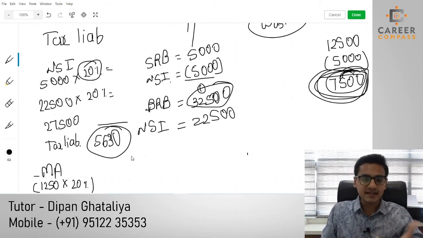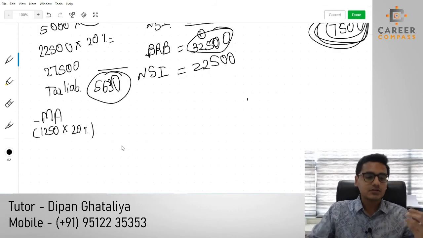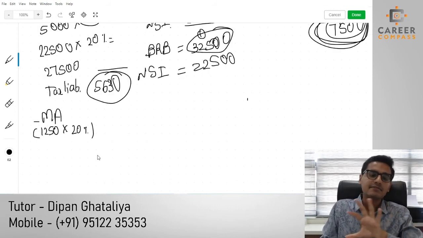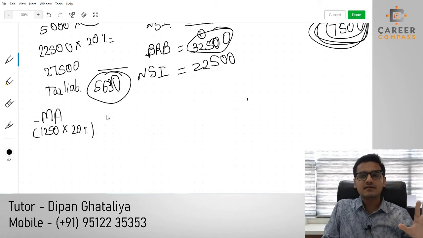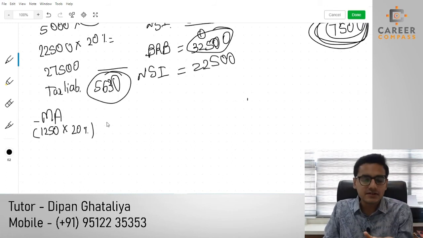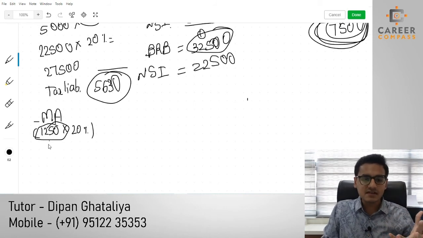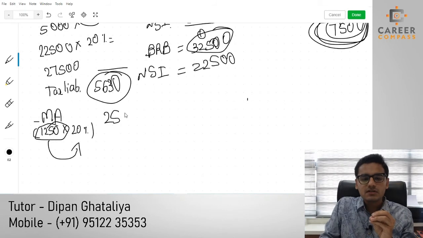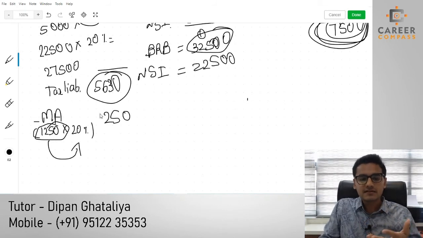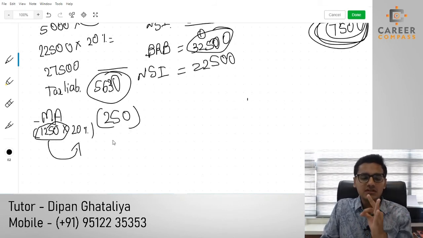We have levied the tax at 20%. So whenever you deduct any amount from tax liability, it will always be written on the basis of the tax benefit you receive. And from 1250 of the marriage allowance, our tax benefit is 20%. So that is why I will only be able to deduct 250 pounds.